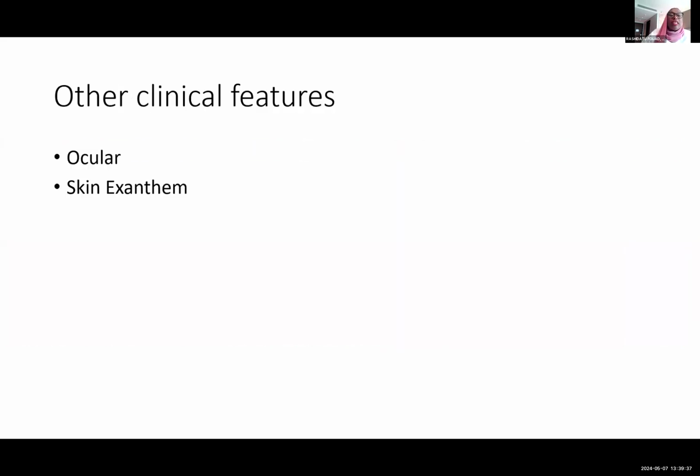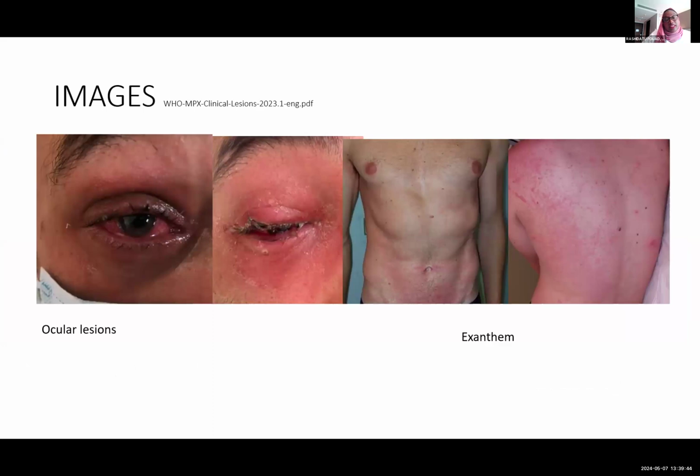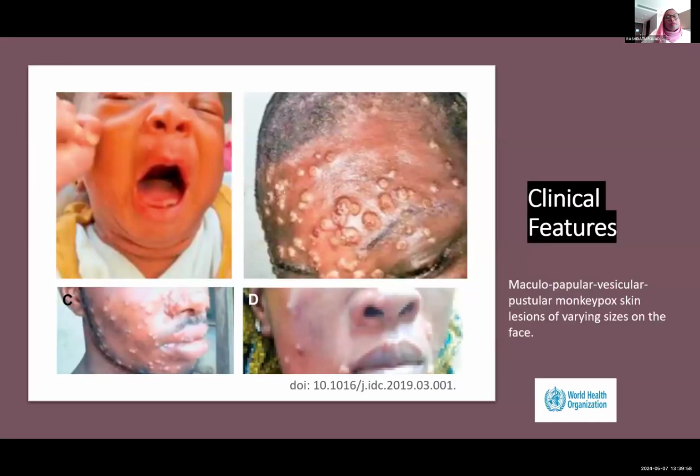We can also see other clinical features, especially in the eyes and the skin. These are pictorial views of what you could see with mpox. Looking at the eyes, you can mistake them for conjunctivitis. And on my right, you see people presenting with exanthem. These are also different stages of the rash.